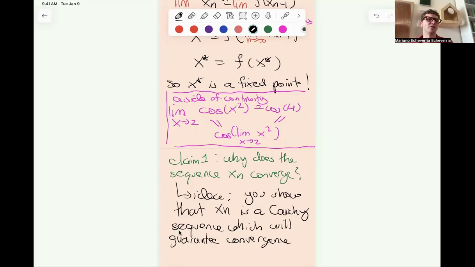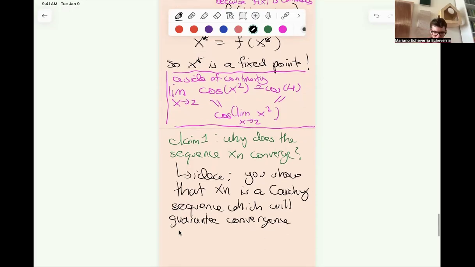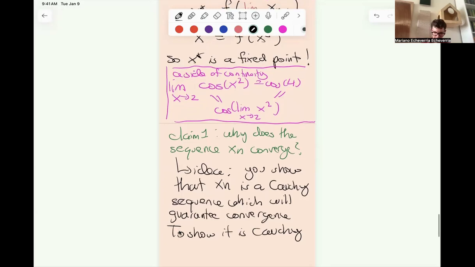But again, it's a little bit more technical, so I don't want to do it because there's no point. Right now it would be too confusing. But to show it is Cauchy, you use the fact that the function is a contraction, because that starts shrinking the distance between the elements of the sequence.